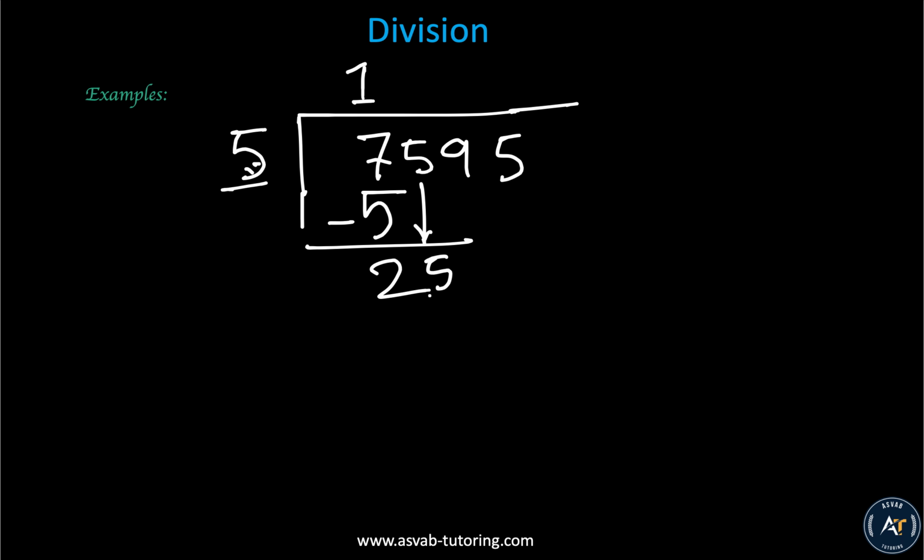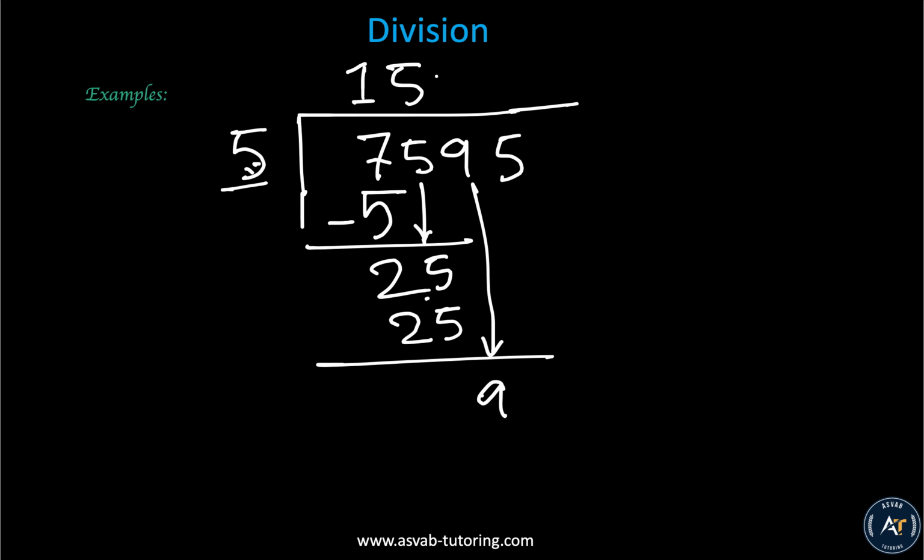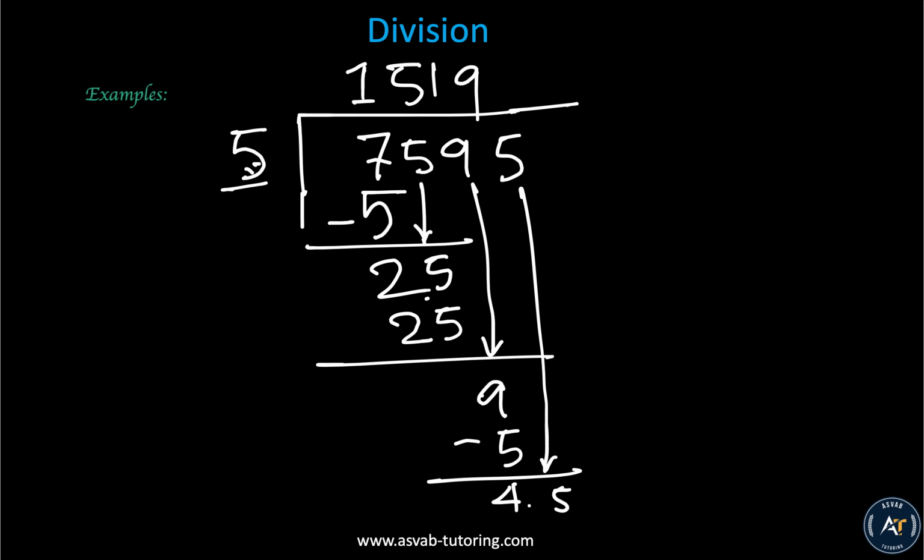How many times does 5 go into 25? 5 times, which is 25. Now bring this 9 down. How many times does 5 go into 9? 1 time is 5. Subtract it, get 4. Bring this 5 down. How many times does 5 go into 45? 9 times. That's it, done.